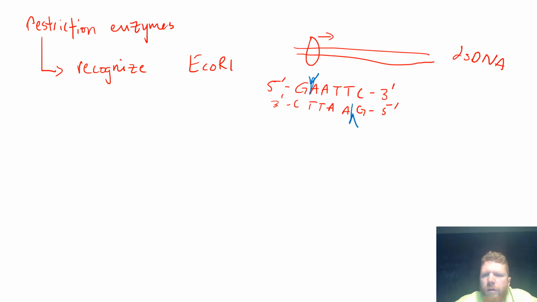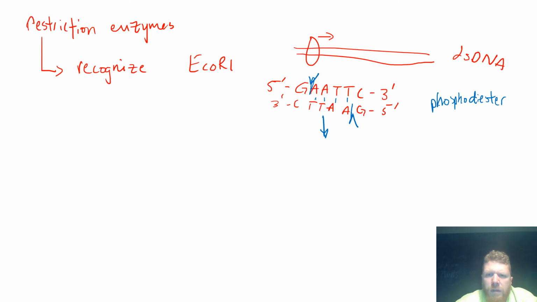This is going to break a phosphodiester bond. So it's going to break these phosphodiester bonds, and in time, the only bonds that are left are these hydrogen bonds between each of the nitrogenous base pairs.